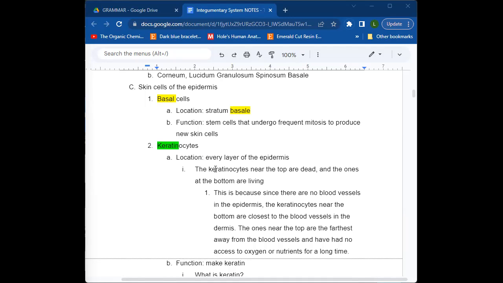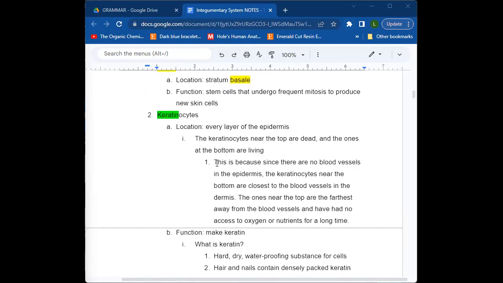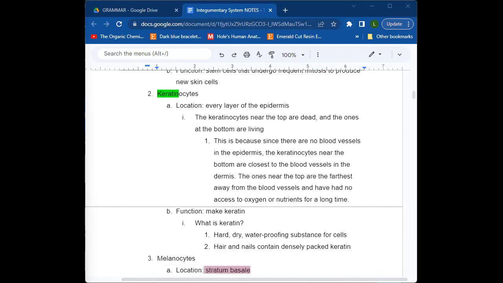The keratinocytes are found in every single layer of the epidermis. The keratinocytes at the top tend to be dead, but the keratinocytes at the bottom tend to be alive.